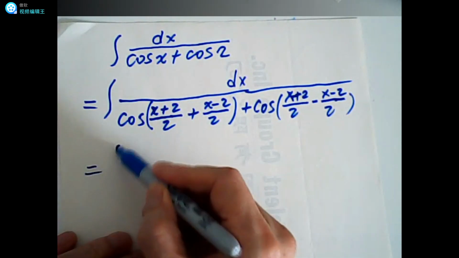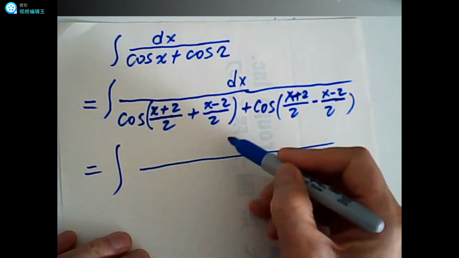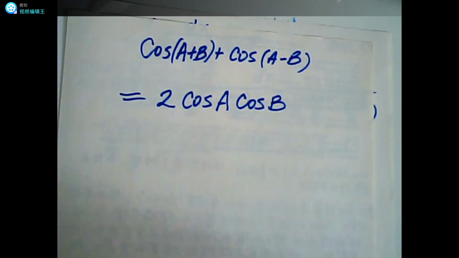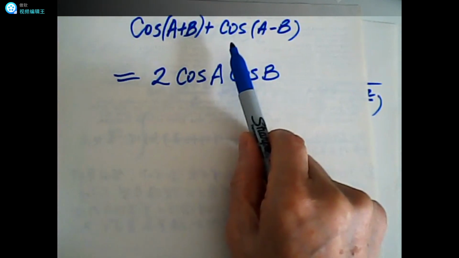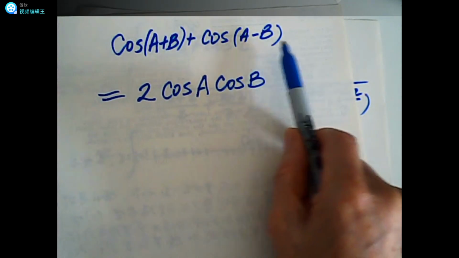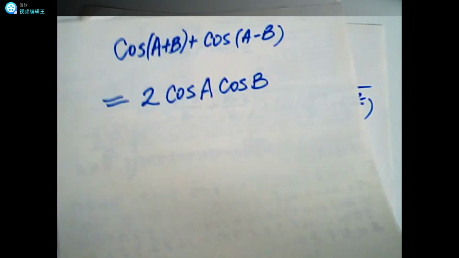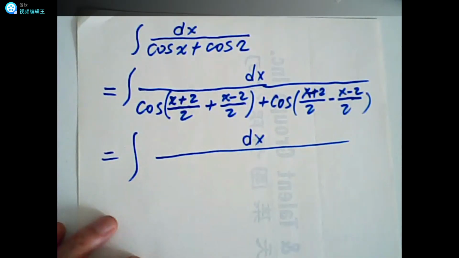So this one is equal to dx. We have a formula: cosine a plus b plus cosine a minus b is twice cosine a multiplied by cosine b.